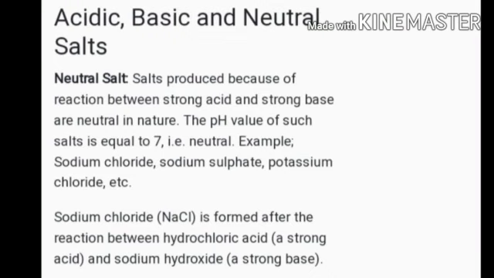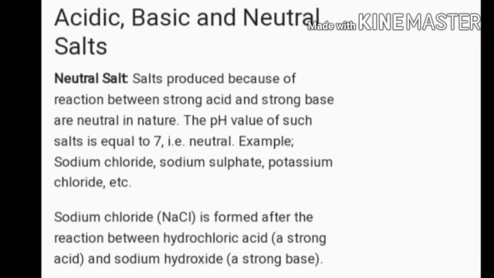For example, sodium chloride. As we already discussed this reaction, when a strong acid like hydrochloric acid and a strong base like sodium hydroxide react together, they form the salt sodium chloride, which is neutral.